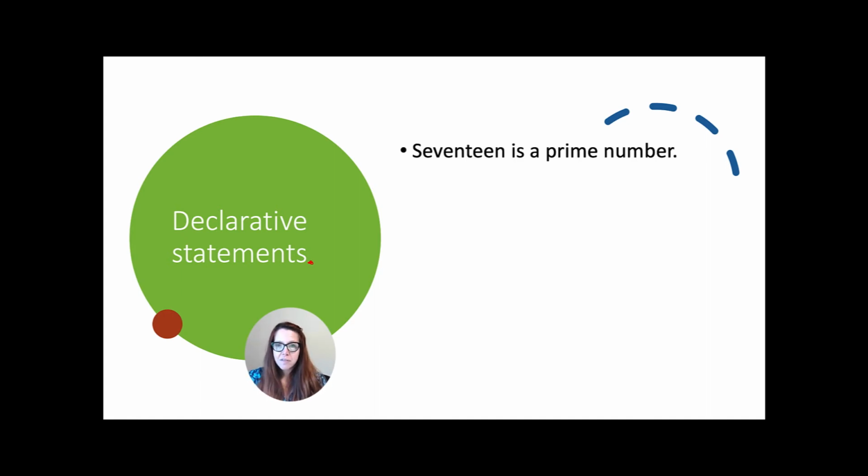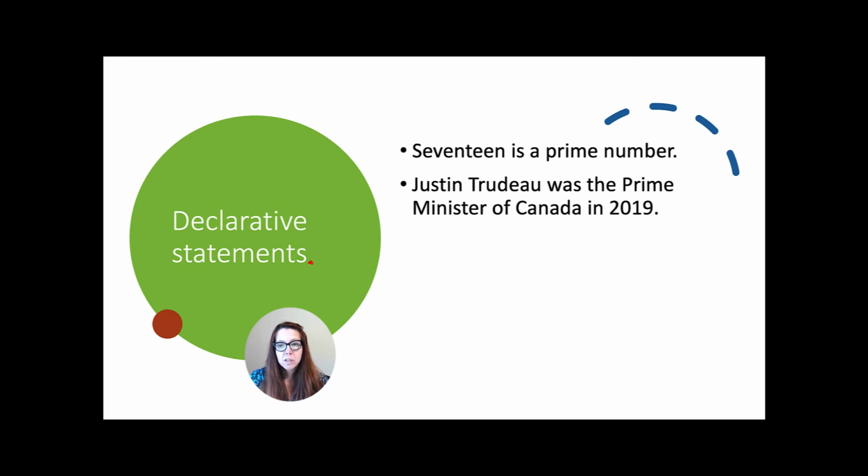So examples of these might include a fact that 17 is a prime number. So I'm declaring that to be the case. Justin Trudeau was the Prime Minister of Canada in 2019. Or 5 plus 12 equals 17.